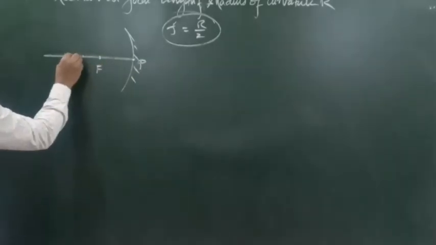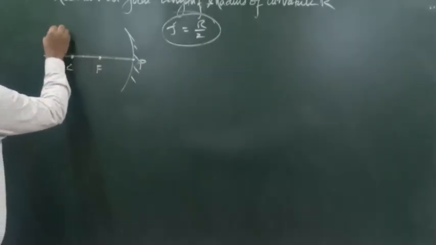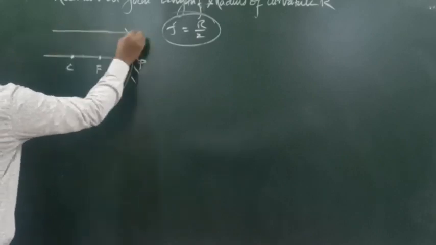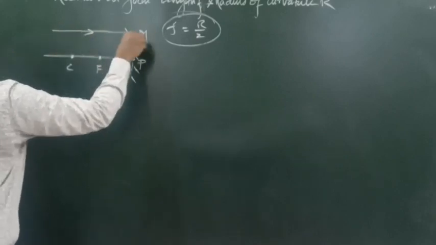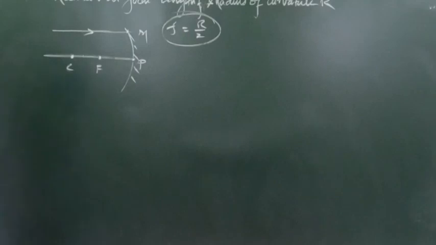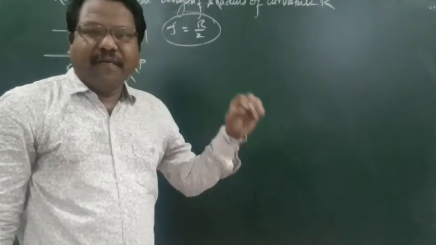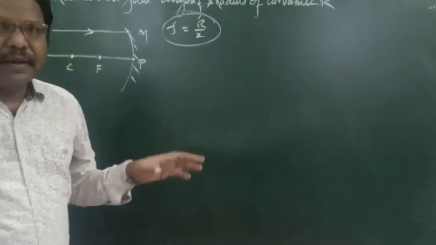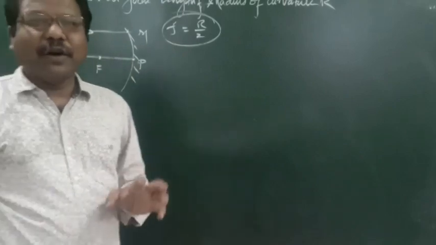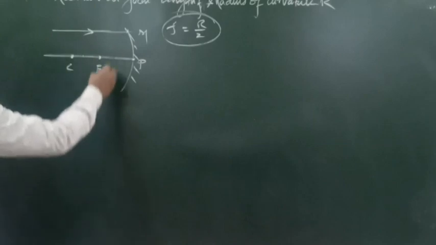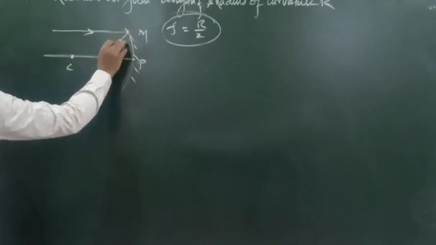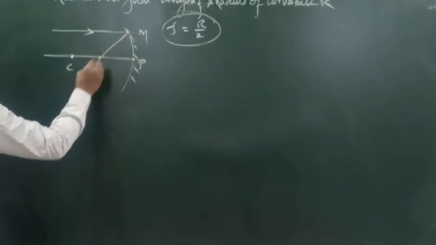Suppose a ray is incident on the mirror at a point M, parallel to the principal axis. When the ray is incident parallel, it would pass through the focus after reflection.